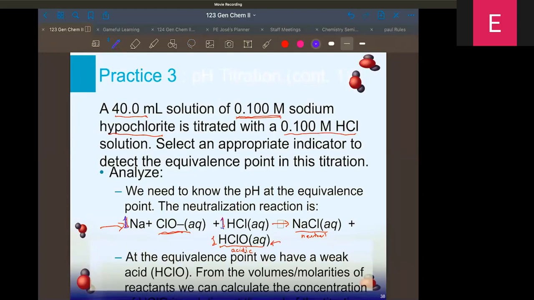So you're going to use exactly 40 milliliters of this amount. Why? Because you have the same concentration for both the acid and the base. And since you have to add equal amounts of acid and base, and they have the same concentration, you have to add equal amounts of HCl, which means you're going to consume 40 milliliters of HCl.